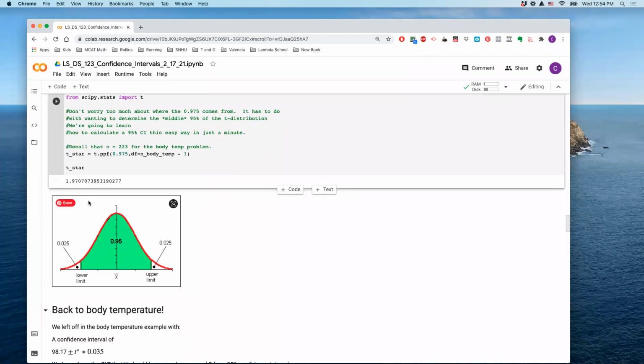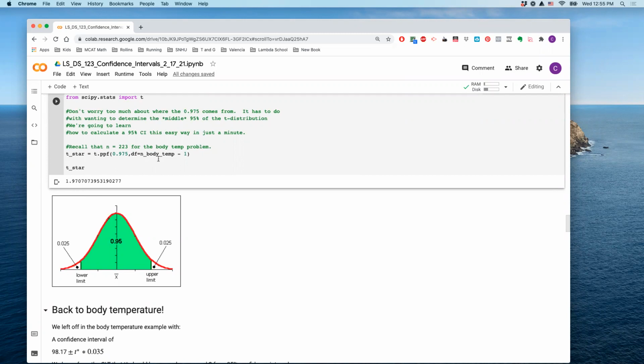And we see that the value we get for t star is a number that is very close to 2. So that's what we expected. We expected it to be very close to 2. 1.97 is very close to 2. It's 3/100ths shy of 2. And remember, we said we expect this to generate a number that's very close to 2.